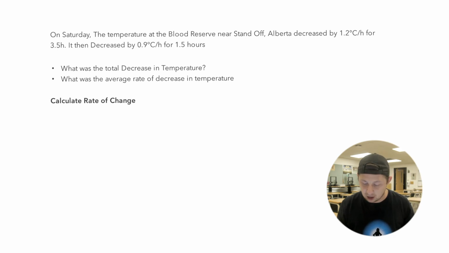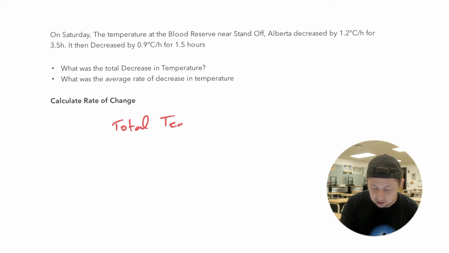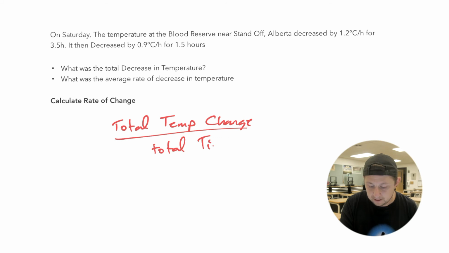So there was one more part of that question. It asked us to calculate the rate of change. All right, the rate of change. So what does a rate of change mean? Well, it's how much the temperature is changing over time. So to calculate that, we need to have the total temperature change, and we need to divide it by the total time.